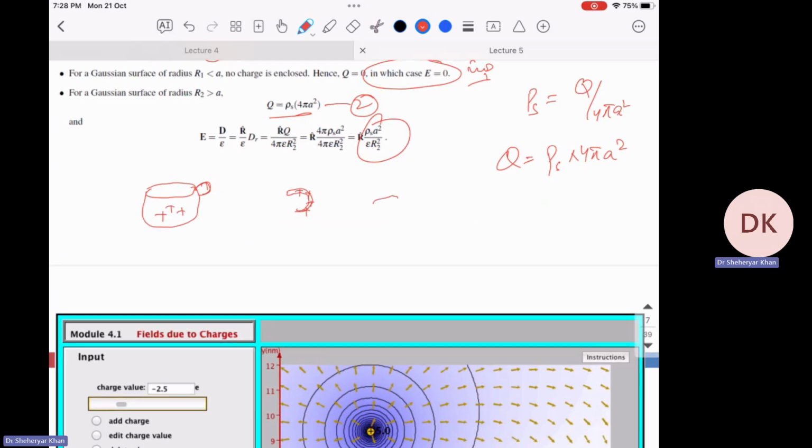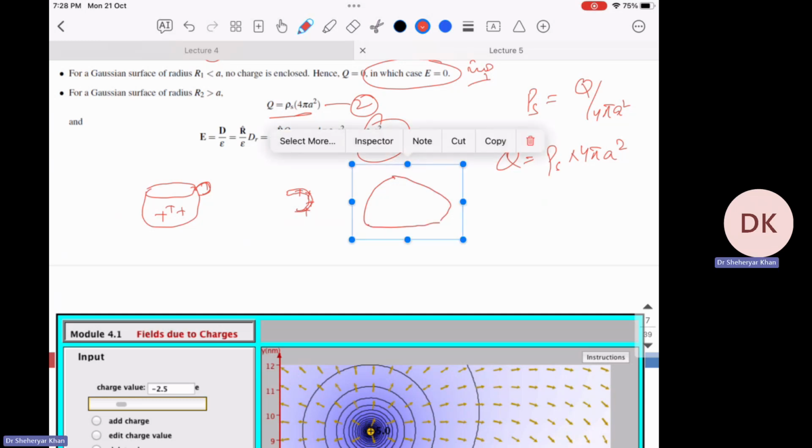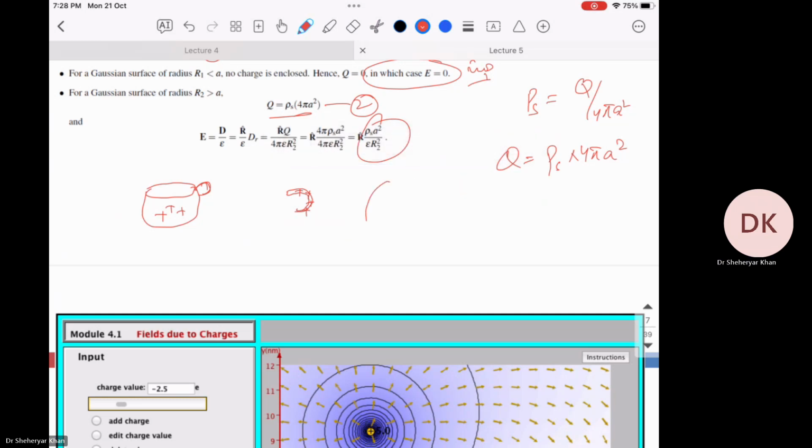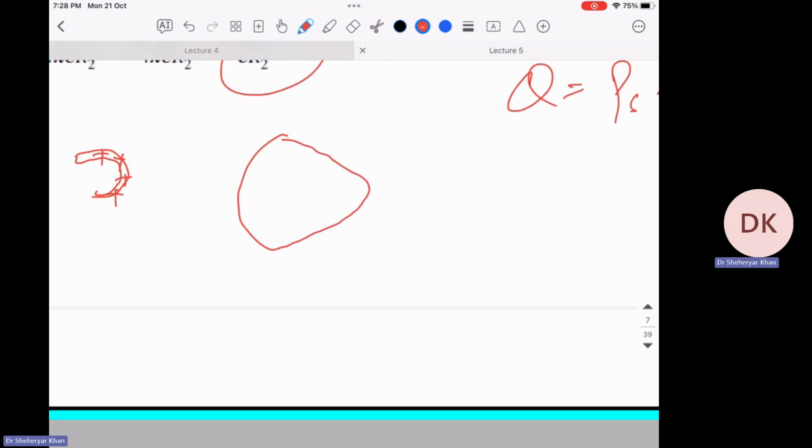You see, if you have some surface like this, right, here the charges need to be very, very far apart so they can make themselves perpendicular.